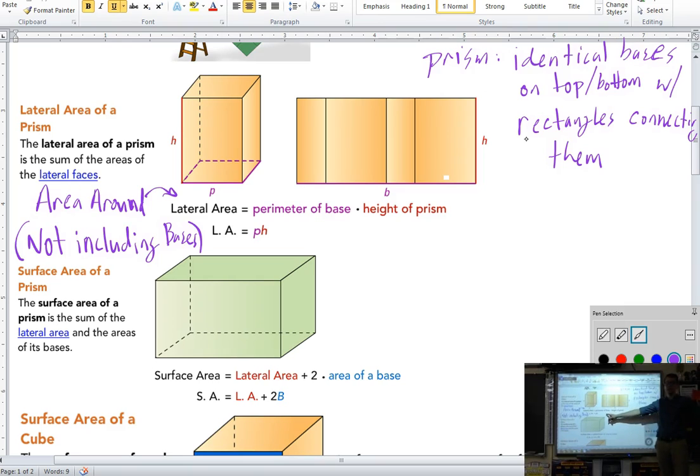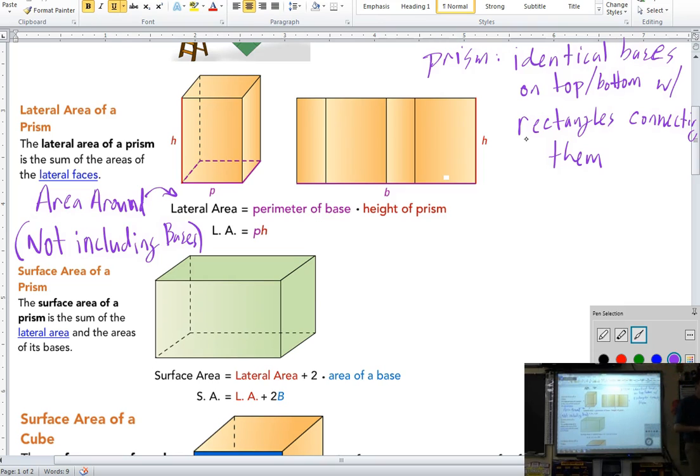That's the perimeter around the triangle. This distance, how tall it is, is the distance between the triangles. So this perimeter, this length, is just how far around is your triangle. That tells you how big your rectangle is. How tall it is is just how far there is between them.